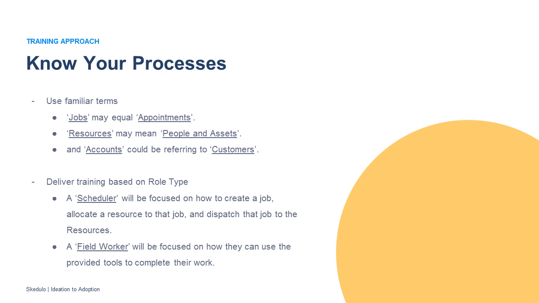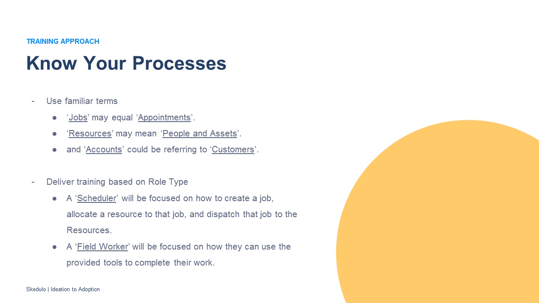Deliver training based on role types. For example, a scheduler is likely to care about how to create a job, how to allocate a resource to that job, and how to dispatch that out to the field. Whereas a mobile worker is not going to be so concerned with that and really just wants to know how they can use the Skedulo X mobile application to understand their agenda and complete their daily work.